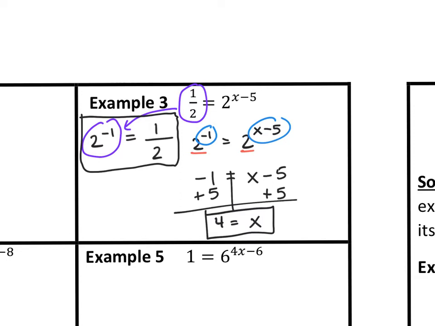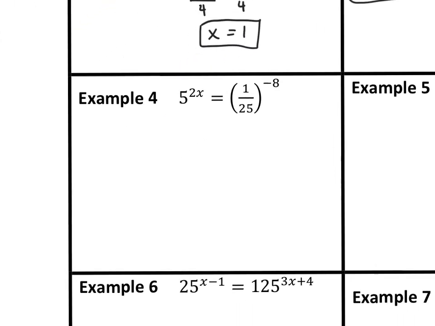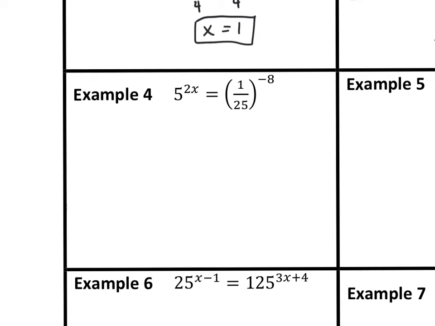Okay. Awesome. Let's go on to the next example. Example 4. Now, using a similar idea as example 3 that we just did, can we think of another way of writing 1 over 25 so that there's some sort of base of 5?